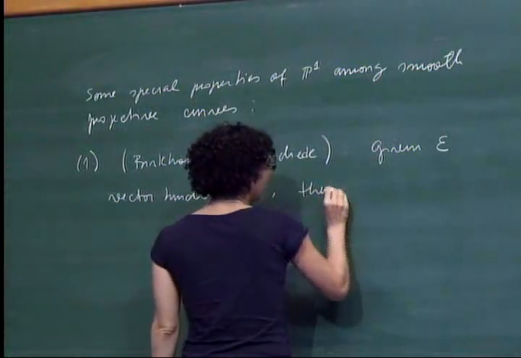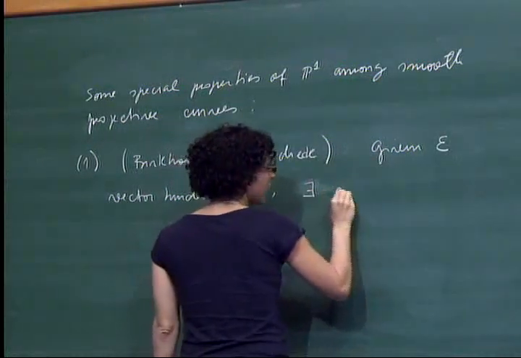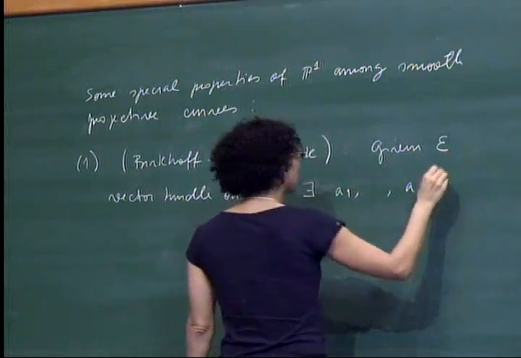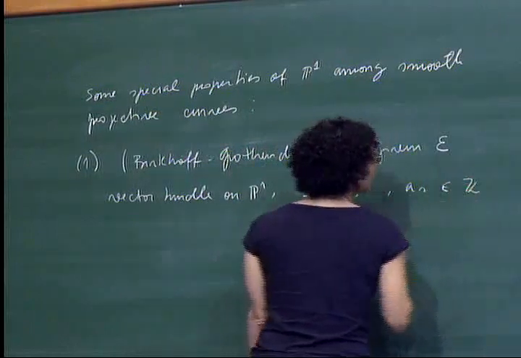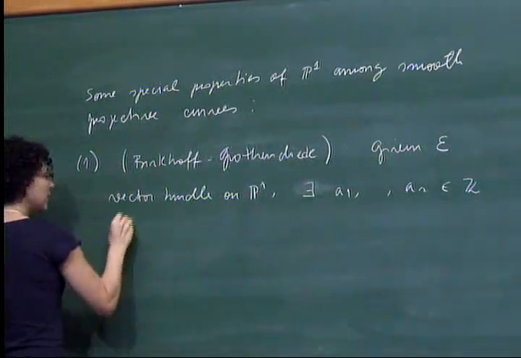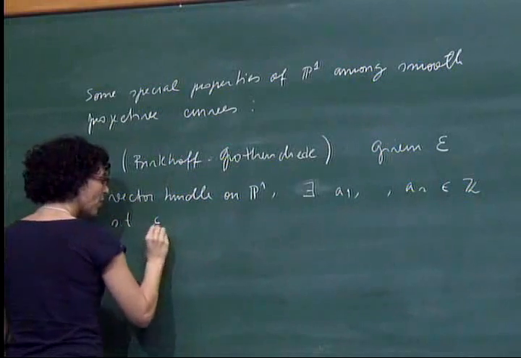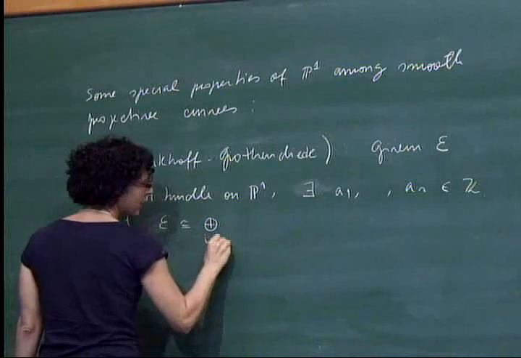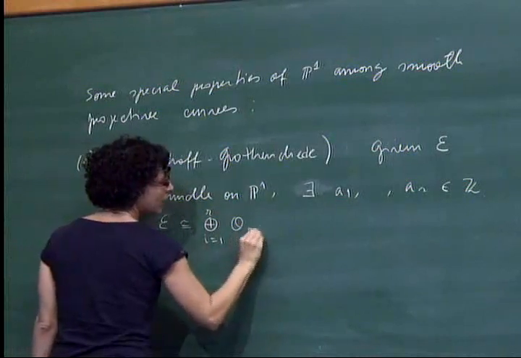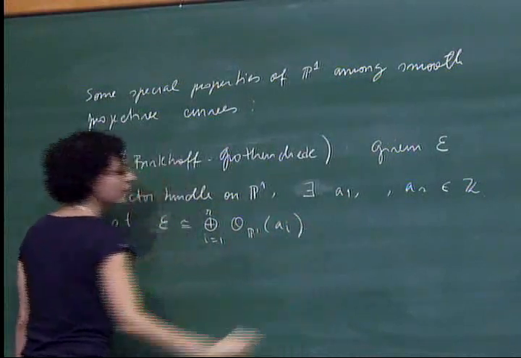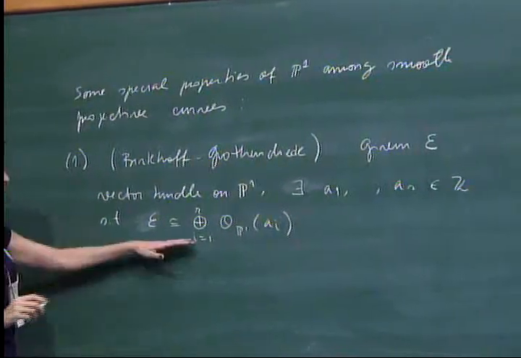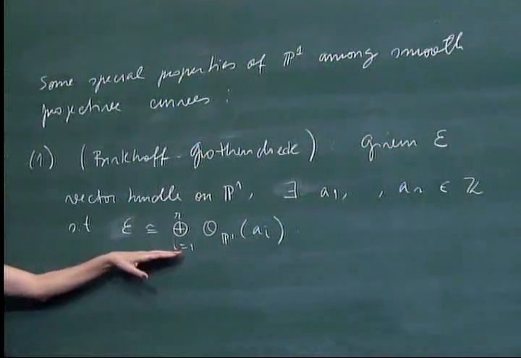So then there exist integers a1 up to ar such that E is isomorphic to the direct sum of line bundles of degree ai. And this is definitely not true for a smooth curve of higher genus.